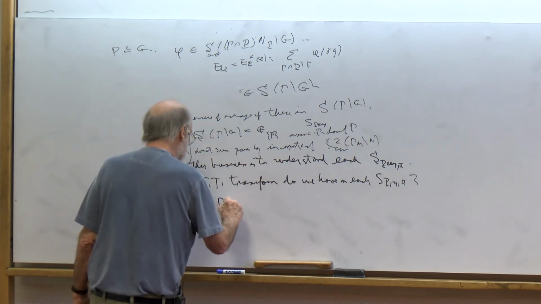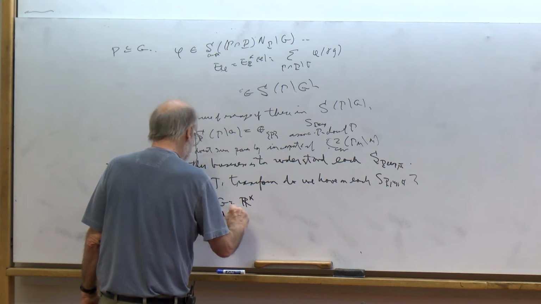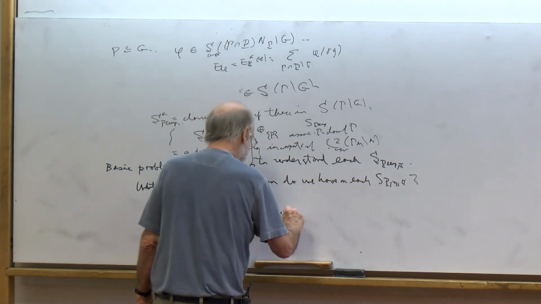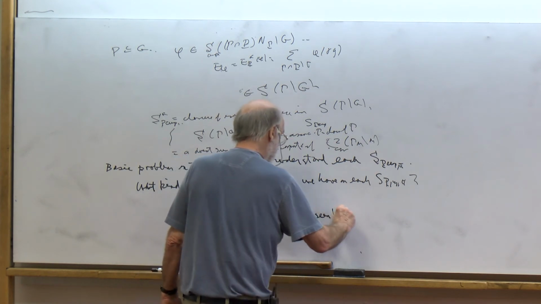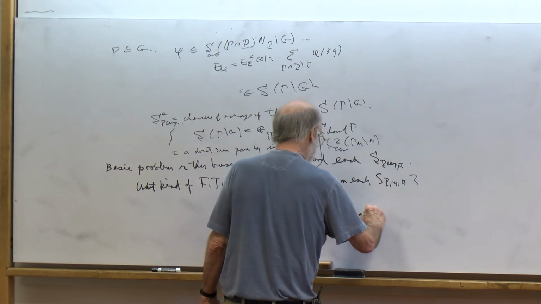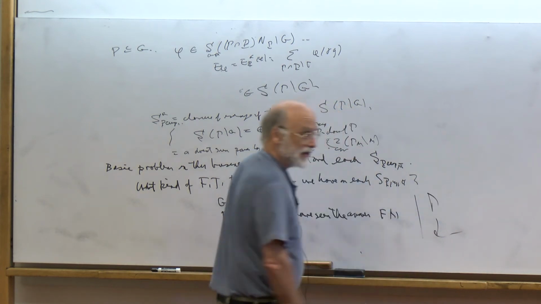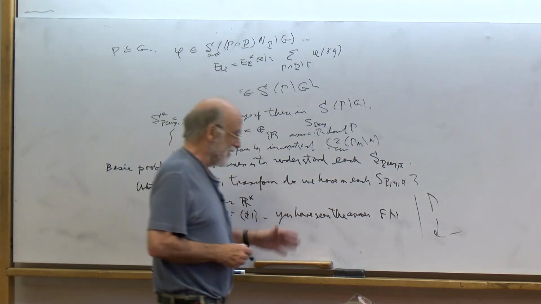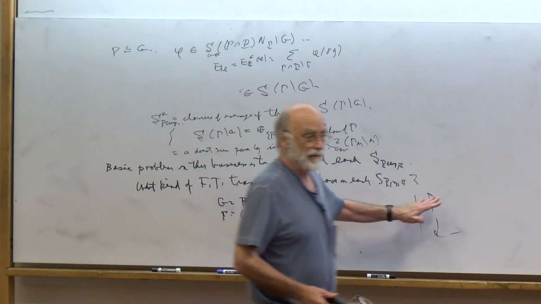If I take G equal to the real multiplicative group, and I take my gamma equal to plus or minus 1, then you've seen the answer: f hat of s is decreasing in natural directions. That's the starting point, but it's good to keep this as a model for what happens in general.